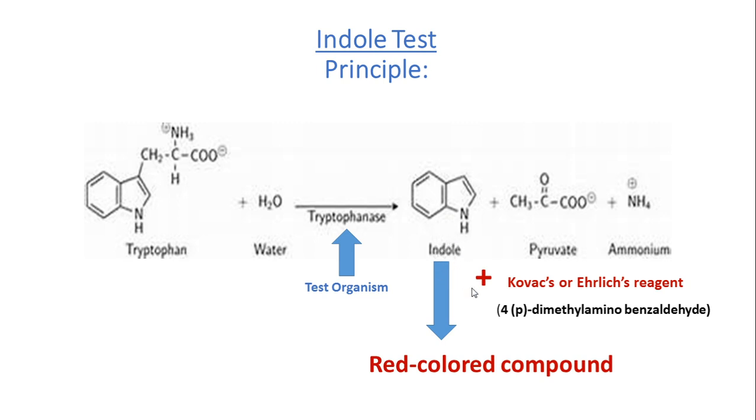This indole can be identified by adding Kovac's reagent, that is 4-para-dimethylaminobenzaldehyde, and the reaction between indole and Kovac's reagent results in a red color compound. That red color indicates that the organisms are indole positive and contain the tryptophanase enzyme.